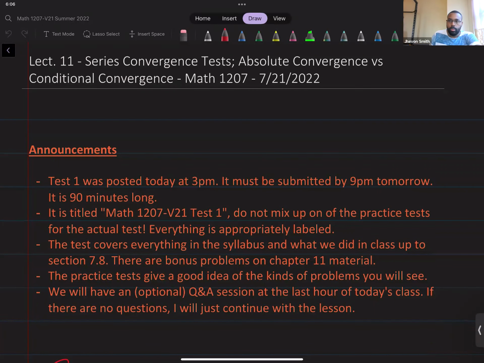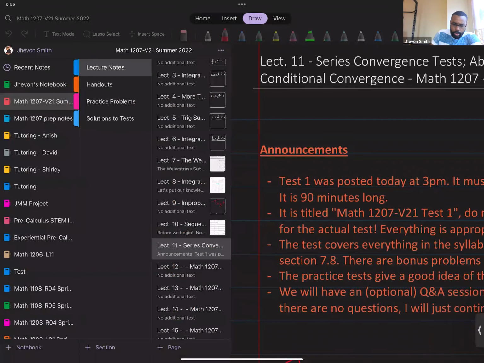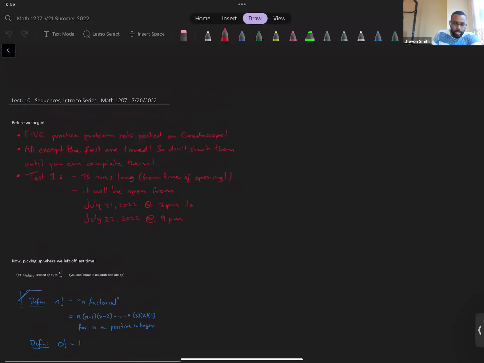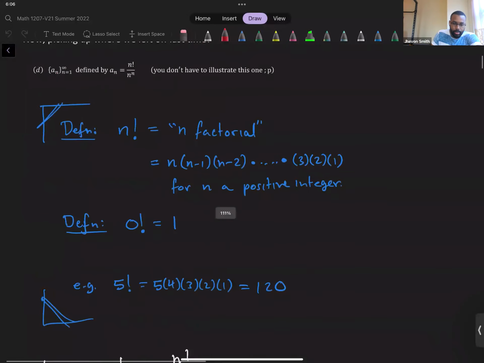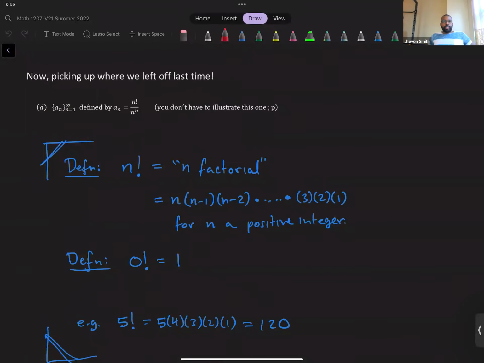Okay. So I guess we will continue. Let's actually talk about what we did yesterday. So yesterday we continued to look at what happens for a sequence to determine whether or not sequences converge. So remember what sequences are.